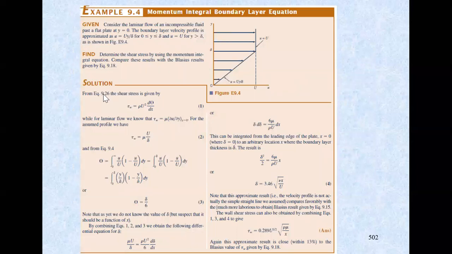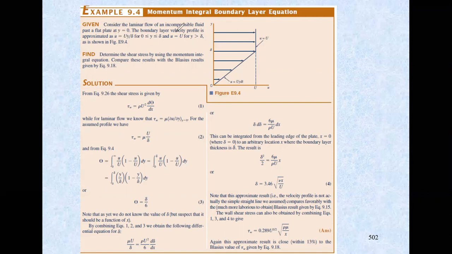So this is an example of the use of the momentum integral boundary layer equation to solve for, in this case, shear stress. Okay, so we have a laminar flow of an incompressible fluid past a flat plate, and the boundary layer velocity profile is given.